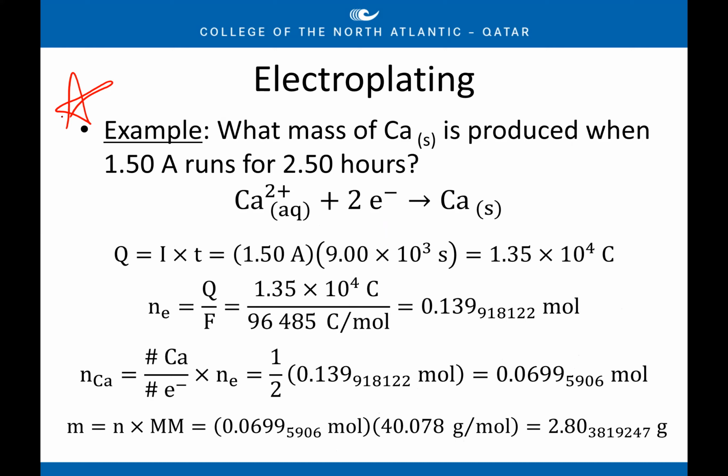Okay, so let me show you one, and then I'll see if you guys are awake at 4:15 on a Tuesday afternoon. What mass of calcium would be produced when 1.5 amps would run for 2.50 hours?